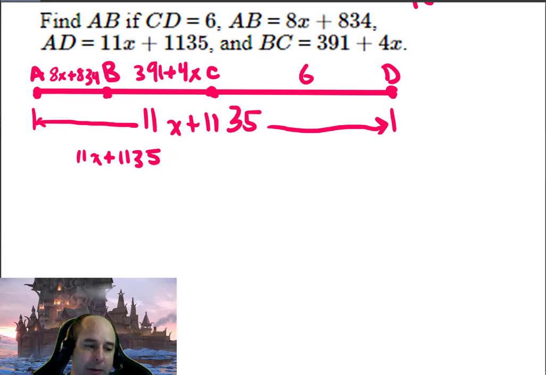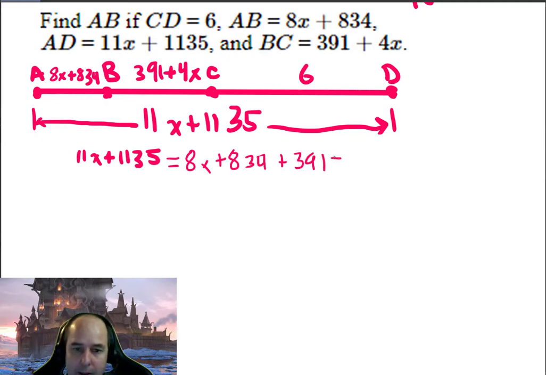And that's going to be equal to 8x plus 834, plus 391 plus 4x, plus 6, all right?